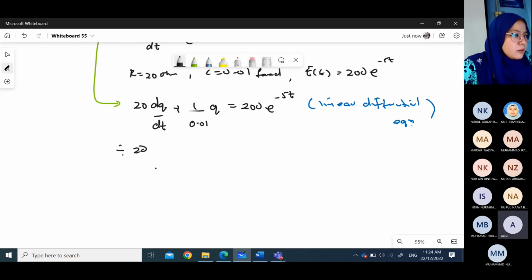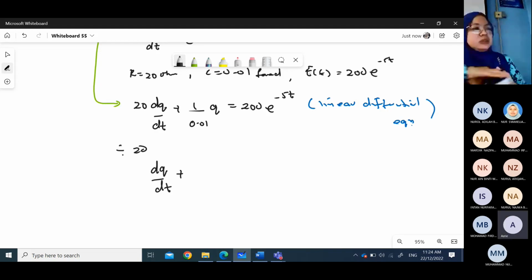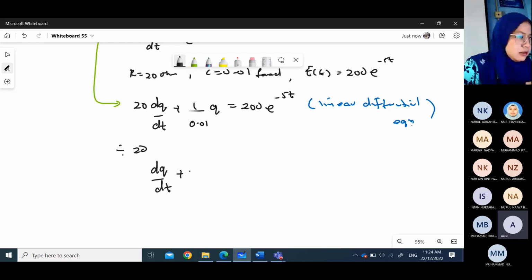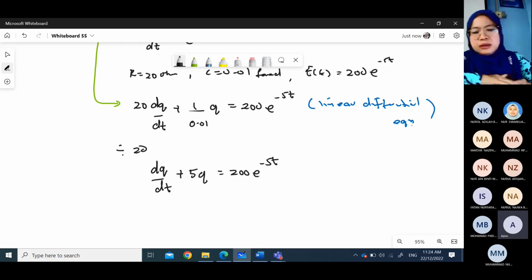So here we have dq dt plus 1 over 20 times 20 times 0.01, we have 5q, equivalent with 200 exponent negative 5t.